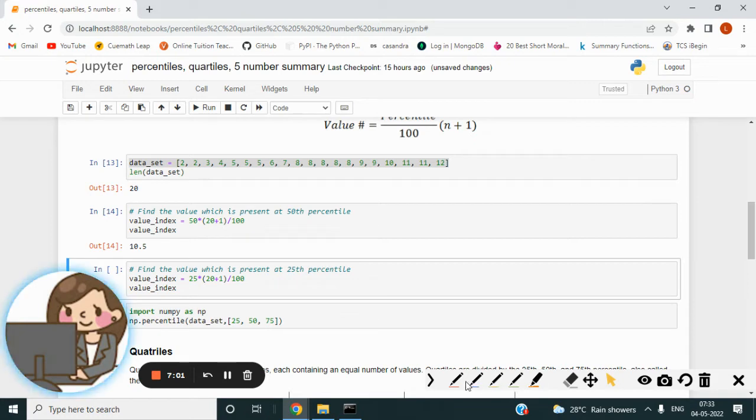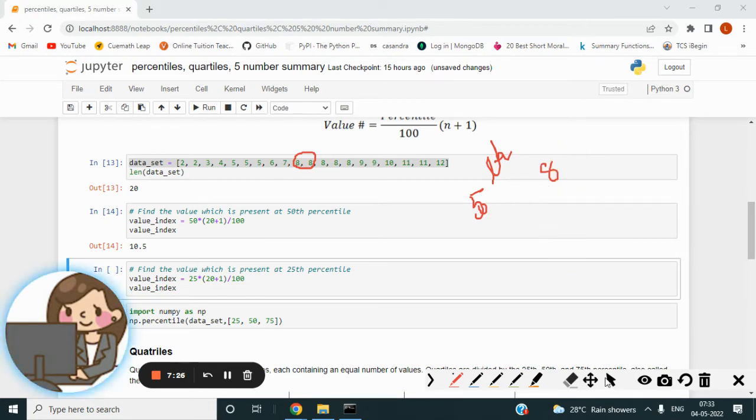Okay, so if we see over here, 1, 2, 3, 4, 5, 6, 7, 8, 9, 10. The value which is coming between this, we can just take an average and see. So basically it will be 8. So at 50th percentile we have 8 over here.